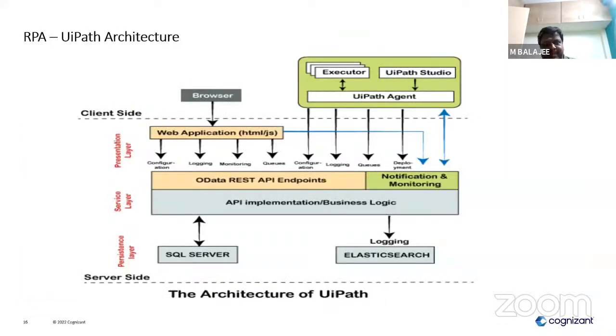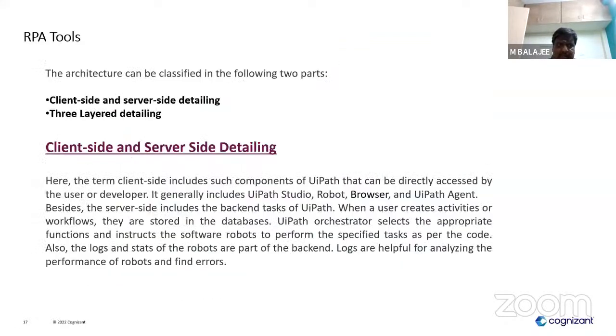This is the basic UiPath architecture, which has a client side and a server side, and also has 3 layers. The top portion has the interaction with the UI, the bottom portion is the DB, and the middle portion has the logic built.